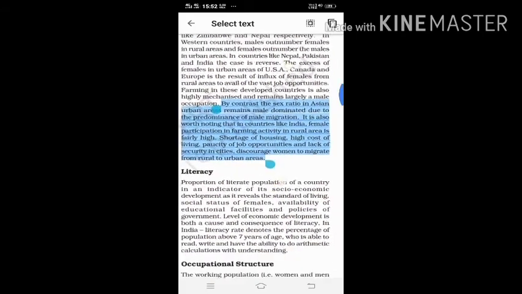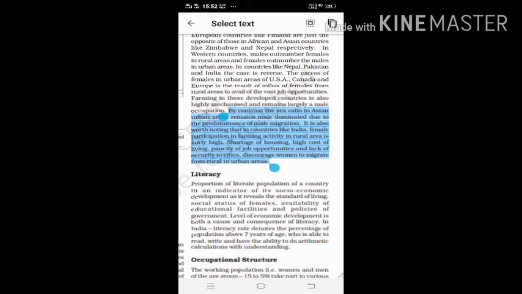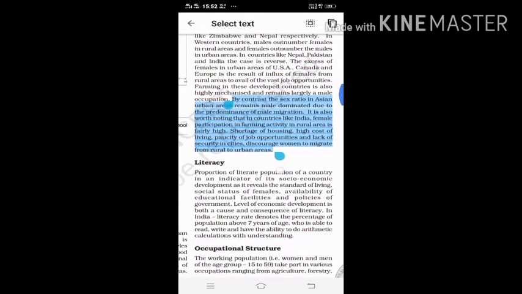due to the preference of male migration. It is also worth noting that in countries like India, female participation in farming activities in rural areas is fairly high. Shortage of housing, high cost of living, paucity of job opportunities and lack of security in cities discourage women to migrate from rural to urban areas.